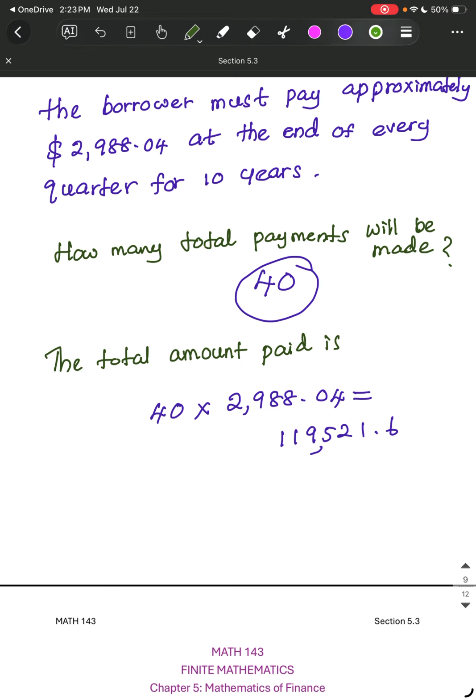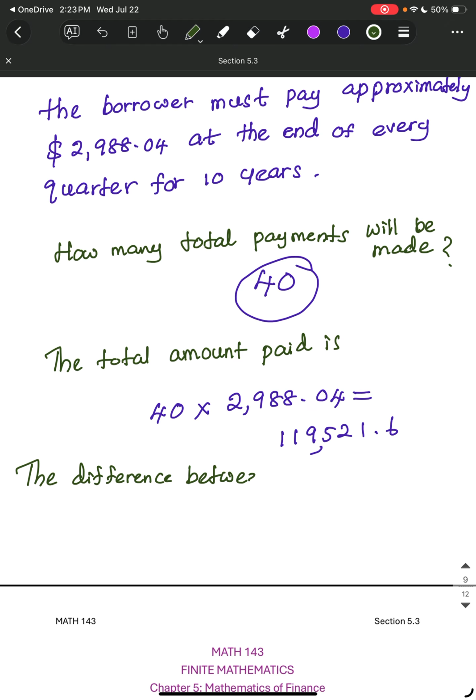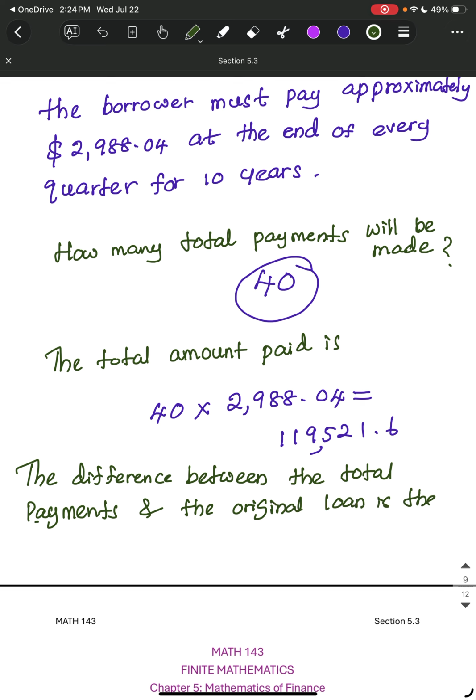So the difference between the total payments and the original loan is the approximate interest paid.